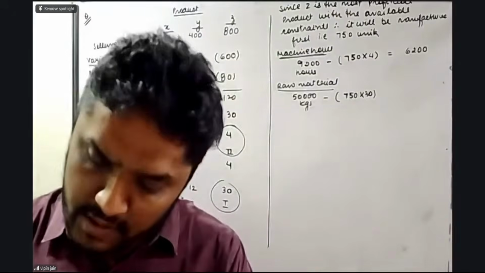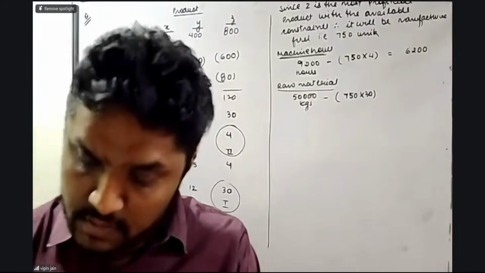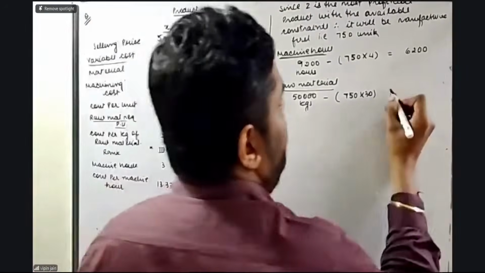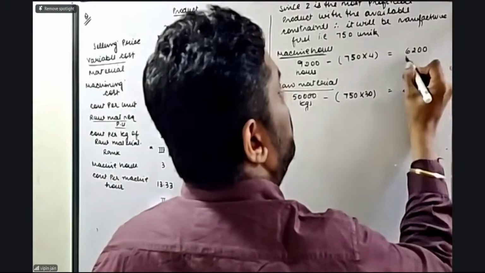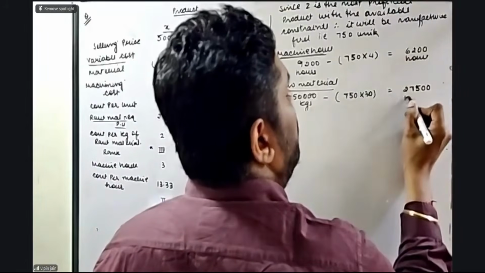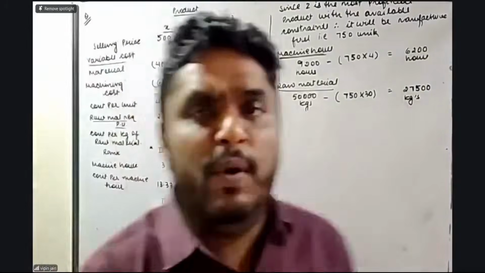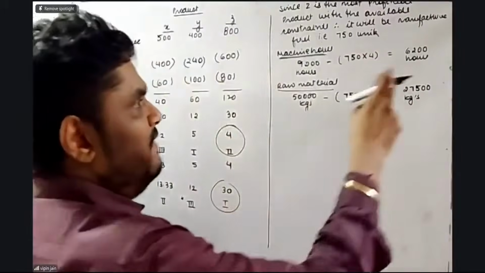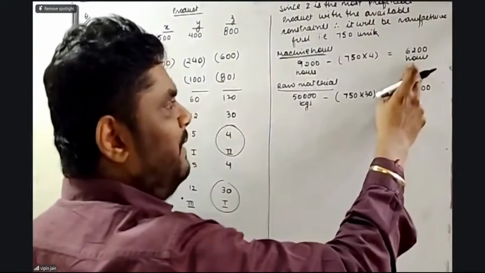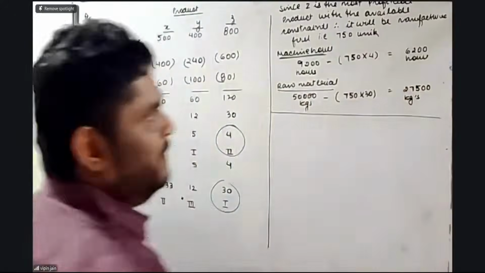So 50,000 minus 750 into 30. So herein we have 27,500 kgs. So it means after manufacturing product Z, we have 6,200 hours available and 27,500 kgs of raw material available.